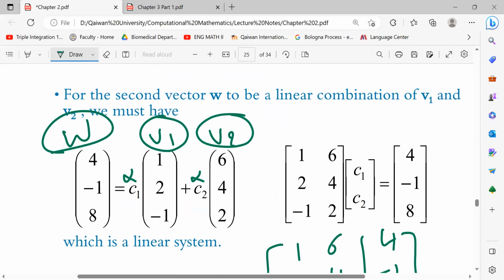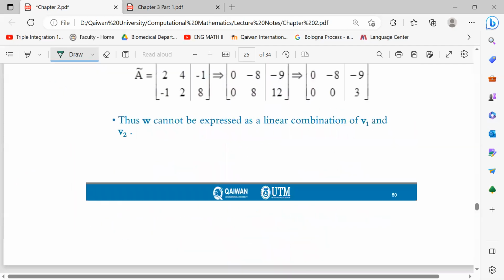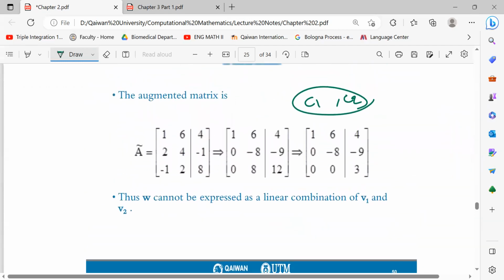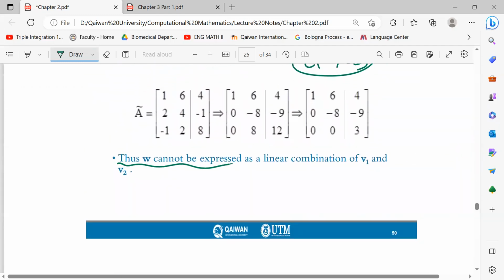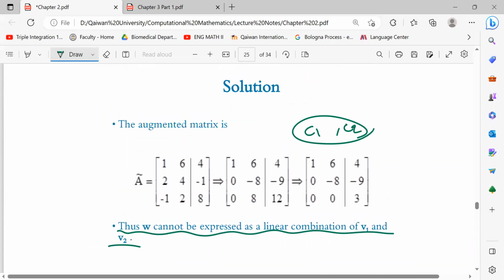So W is not a linear combination of V1 and V2. That's it. So in this case, if we get some impossibilities, or if you get two different values for C1 or C2, we say it is not the linear combination of V1 and V2.